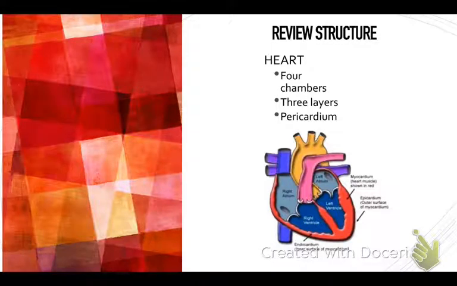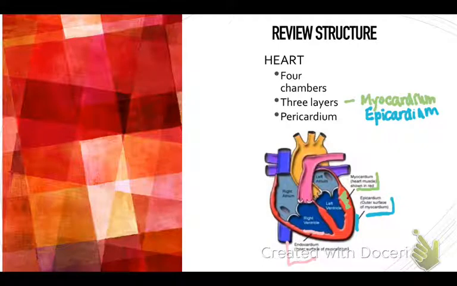First we're going to talk about the layers of the heart. So again, 4 chambers, and this is nice and color coded for you so you can see the 4 chambers. And then you've got your 3 layers of the heart. You have your myocardium, your epicardium, and your endocardium. I've color coded them for you.